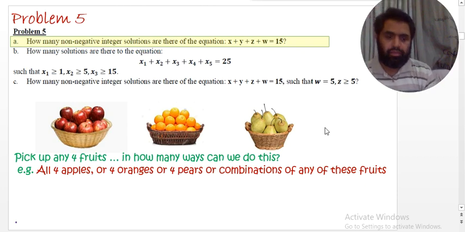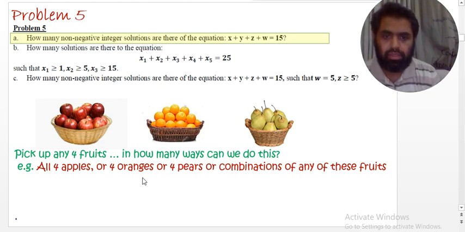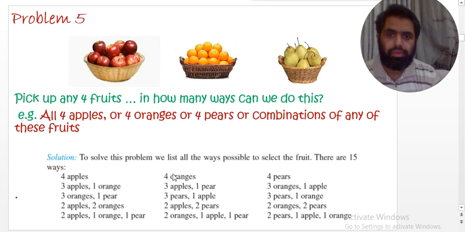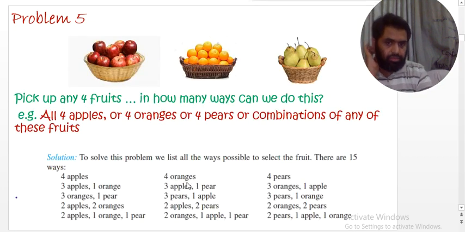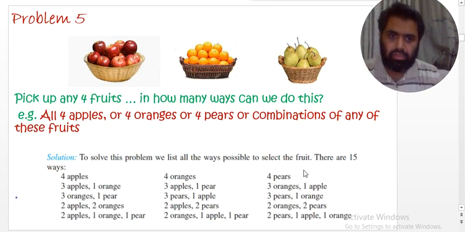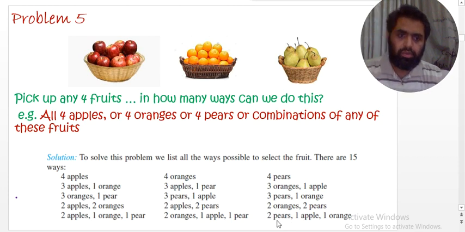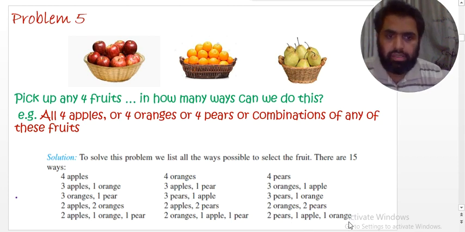Let's look at this simple example of 3 types of fruits, where we have to pick 4 fruits. In how many ways can we choose? If we list these down, we can choose 4 apples, or 4 oranges, or 4 pears, or 3 apples and 1 orange, and so on, going down till 2 pears, 1 apple, 1 orange.